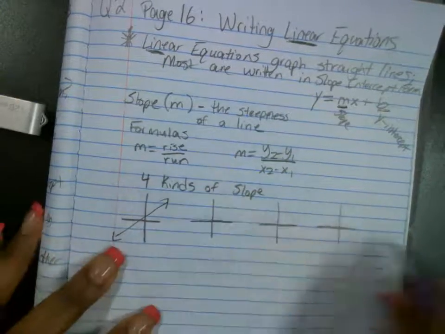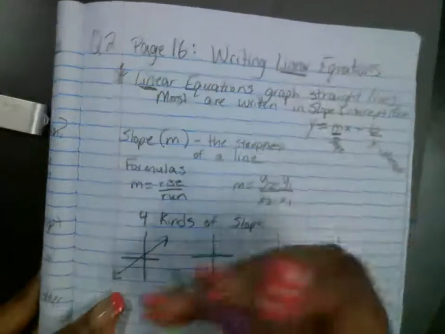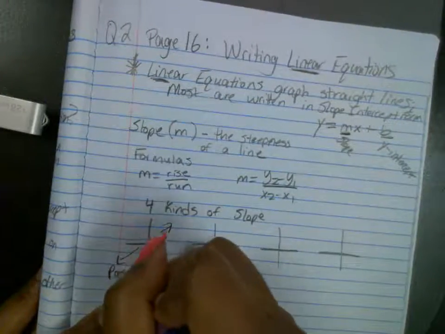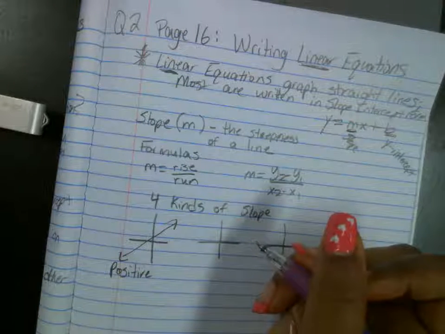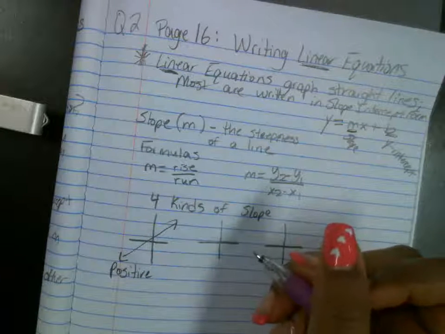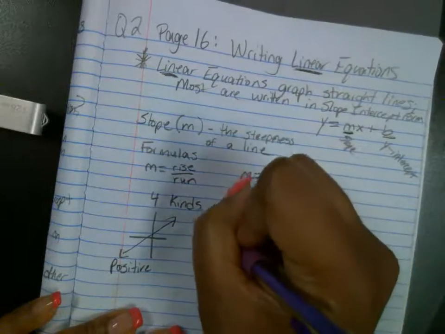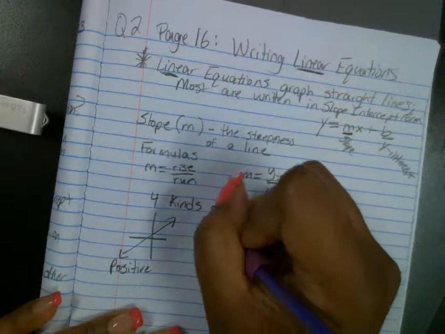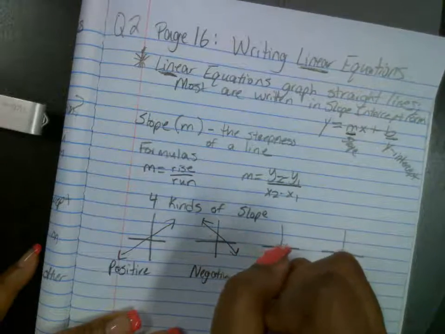It is. All of these are going to be linear because all we're talking about is straight lines. Positive. Thank you. This is positive slope. As x increases, y is going to increase. What kind of slope is this? This is negative slope. We've done this before, and this is in your notes.